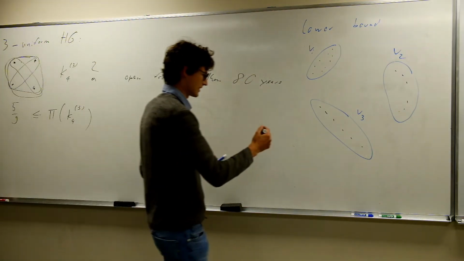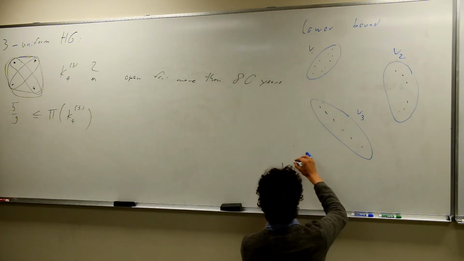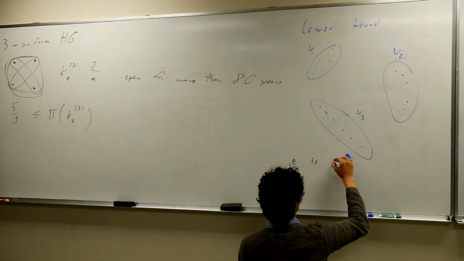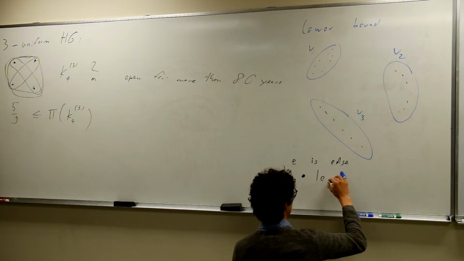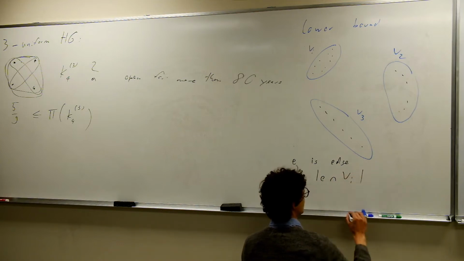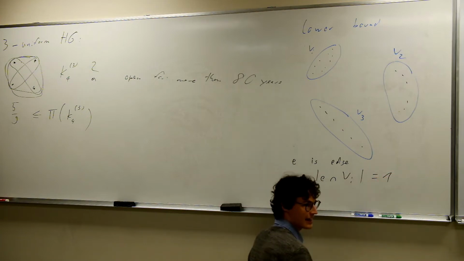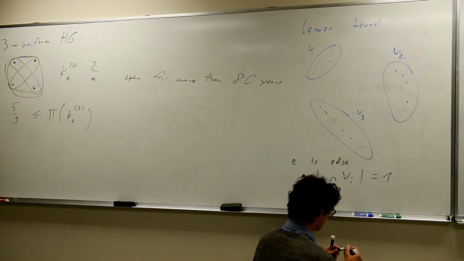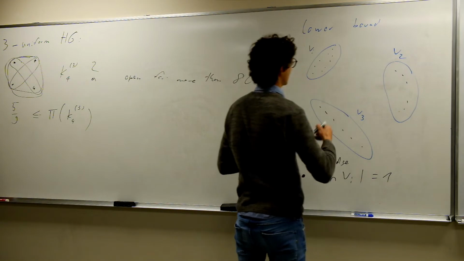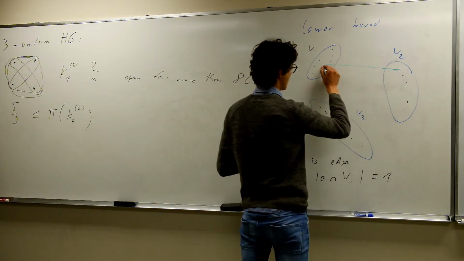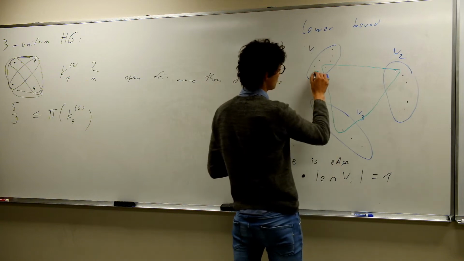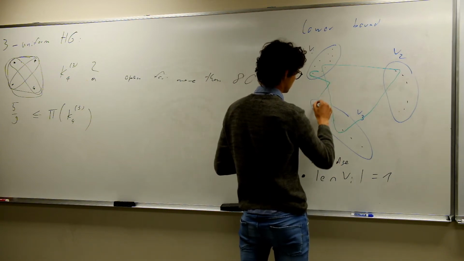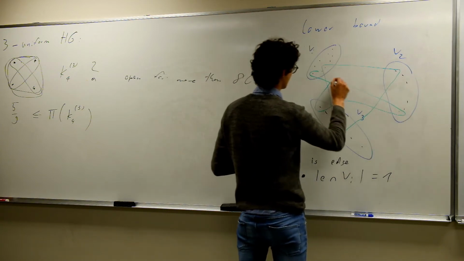We say that E is an edge in 2 cases. The first case: if it contains exactly 1 vertex from each part, which gives us, for example, this edge, or maybe this edge.